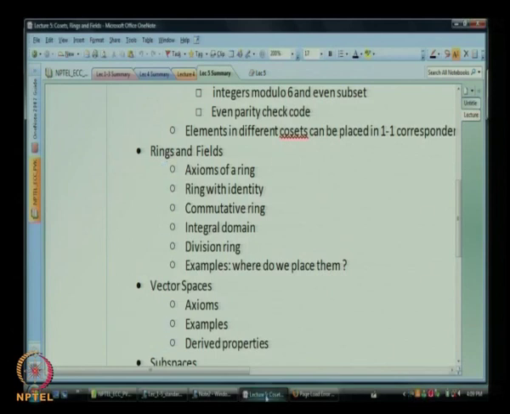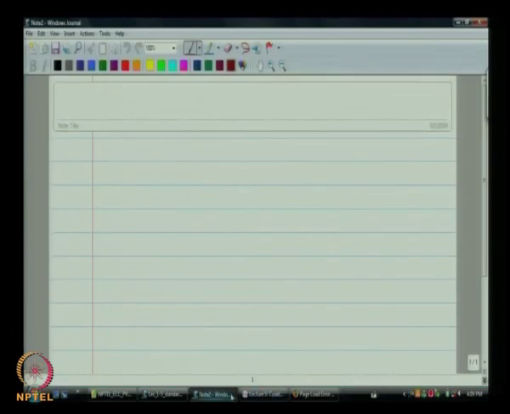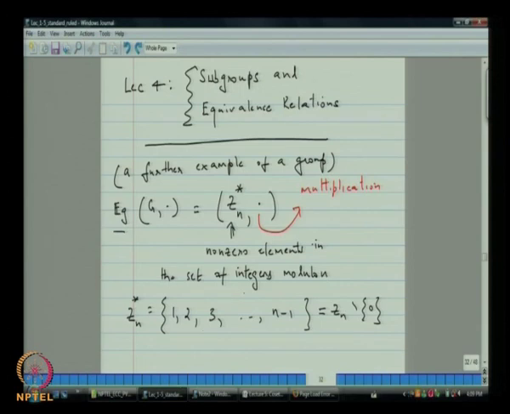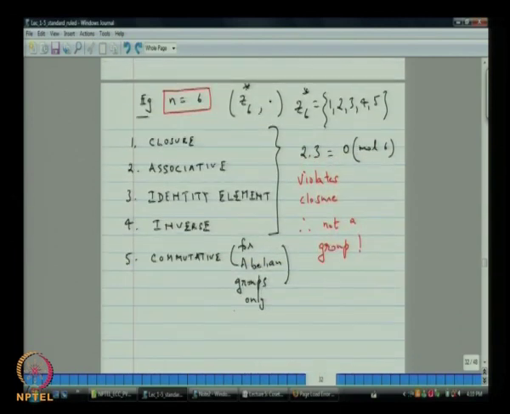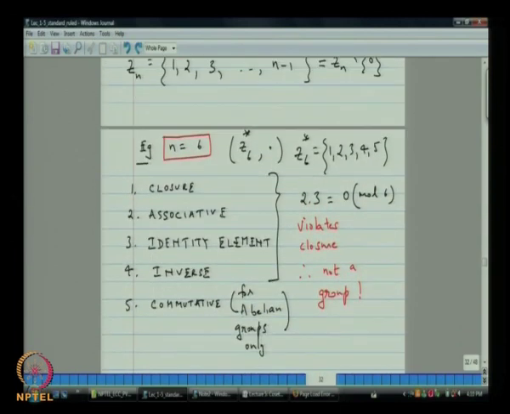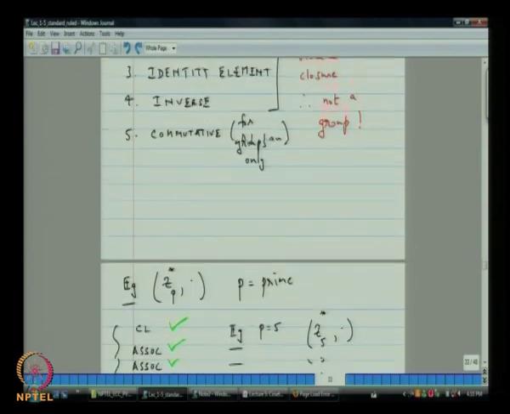So let's go back now, and I'll take you back to the lecture notes of last time. Let's just scroll through that. So we talked about subgroups and equivalence relationships. We said that you don't have to test for all the axioms.